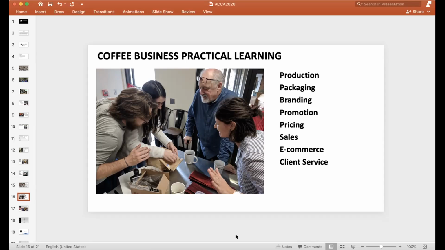And then the client service: when we talk about relationship, in this project it's relationship along the whole business cycle, including the customers, and being able to deal with them. They get practice doing that.